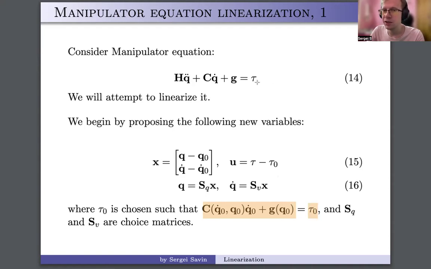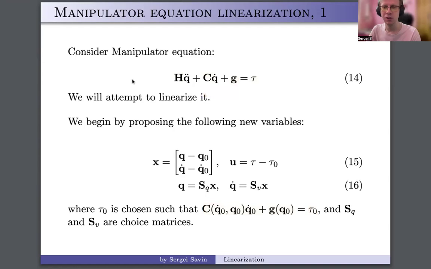So basically, we take such a linearization point that this guy and this guy would cancel each other. And given that H is full rank, it implies that q double dot is 0. So basically, we are talking about a node. But here we can be more concrete because H is full rank, basically.